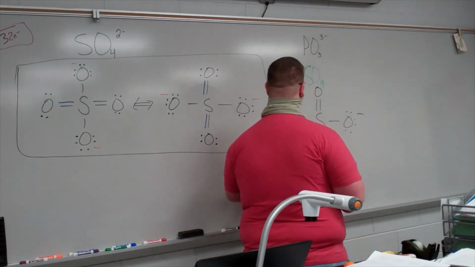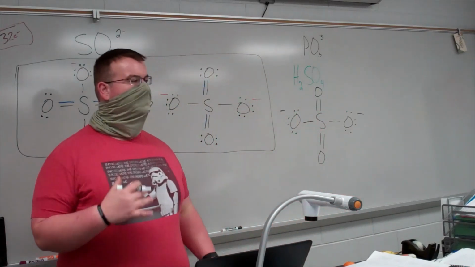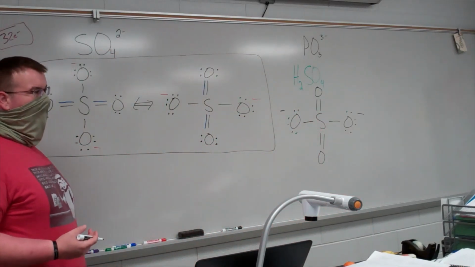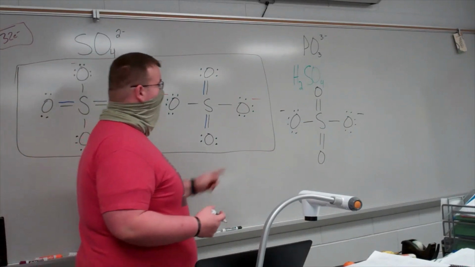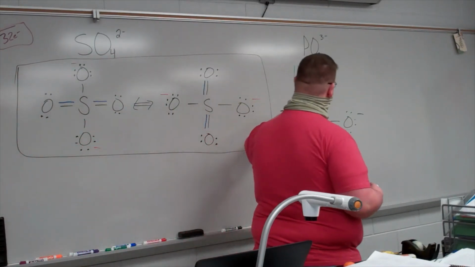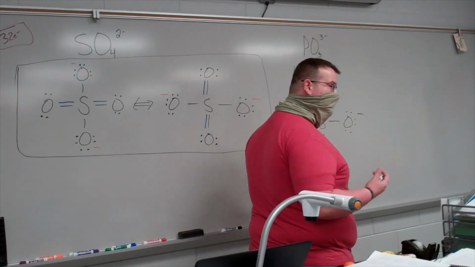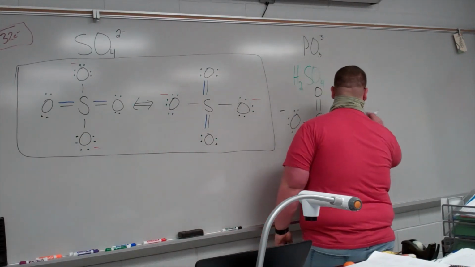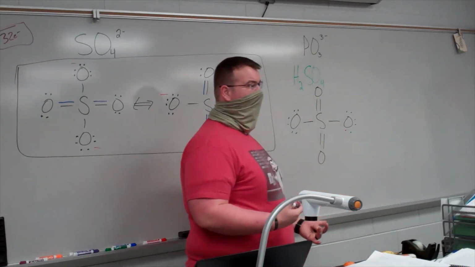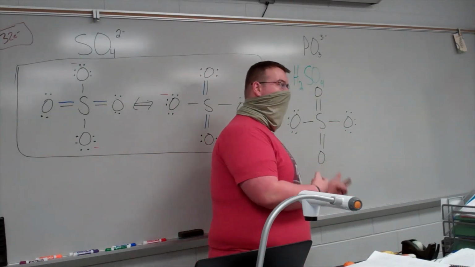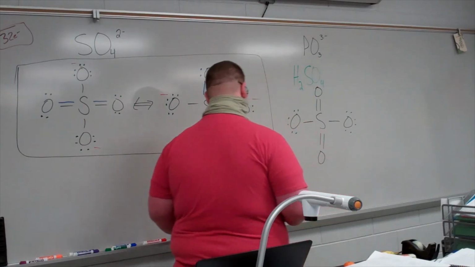And these negative charges that you see here tell you where those hydrogens will go for you. So you can kind of work backwards. You can do this, and then get this, and then say where the negatives are, hydrogens replace the negatives. So we take the negative off, and we add the hydrogens. But the hydrogens have to be bonded to the oxygen.